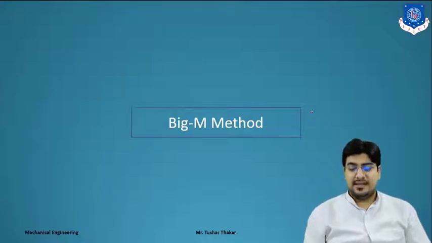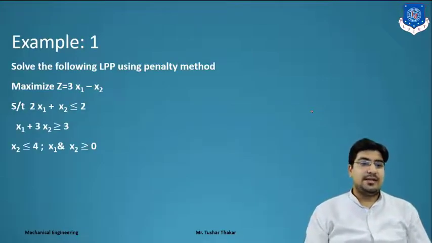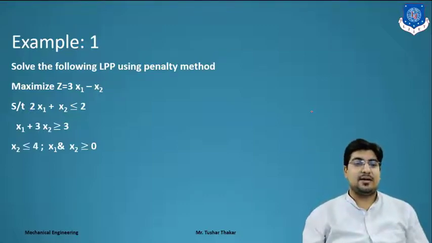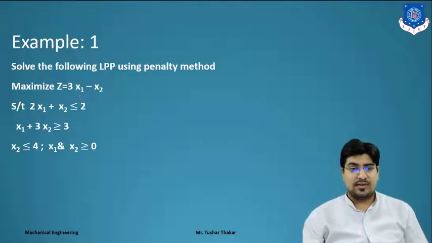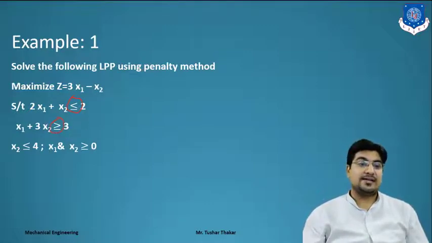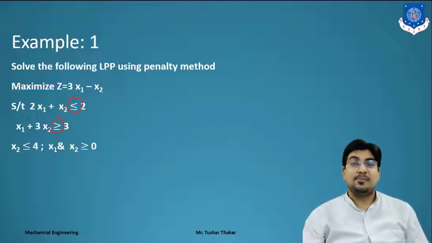So let's see in an example how we find the optimal solution by applying the big M method. This is a basic example. The big M method is also known as the penalty method. Here: maximize z = 3x1 - x2 subject to 2x1 + x2 <= 2. Here it is less or equal to, so it is a simplex method case. But here greater or equal to is given, so we can't solve this problem using the simplex method.